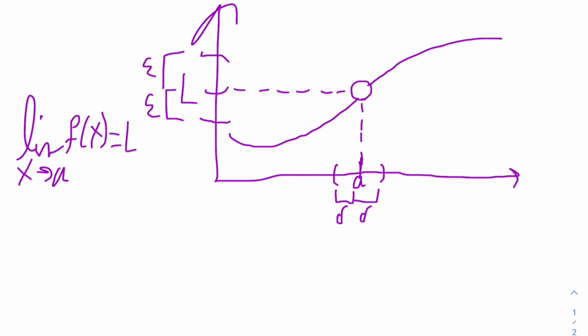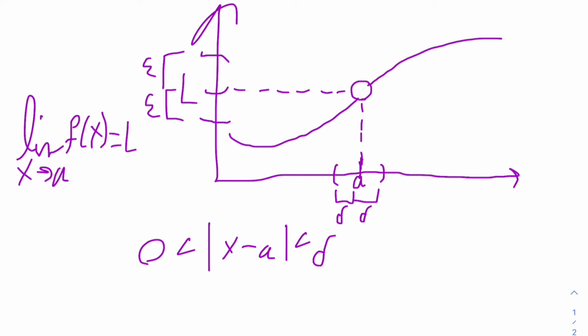So this boils down to the distance around a being greater than 0 but less than delta. So the distance around a, so that x values around a must be greater than 0 and also less than delta, which remember is defined as being sufficiently close.